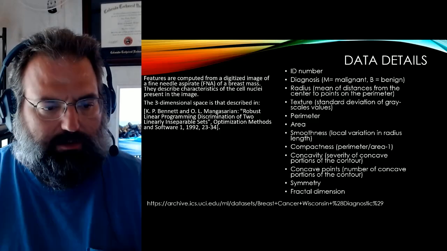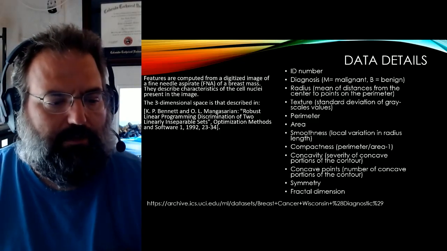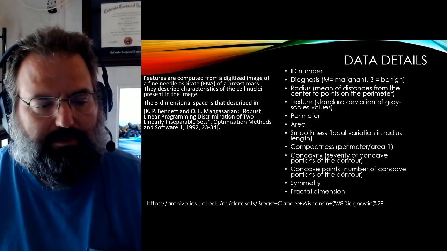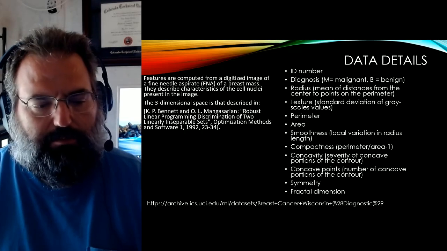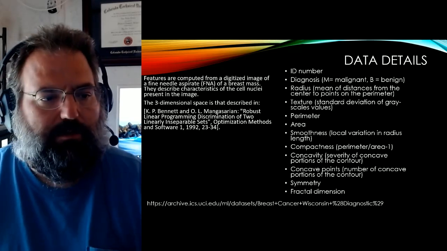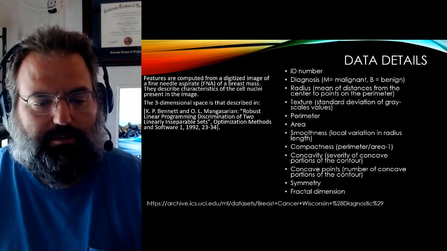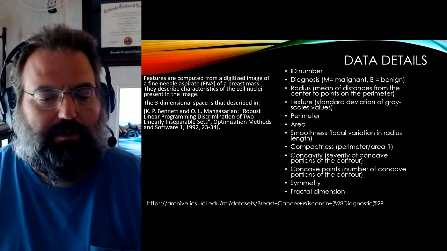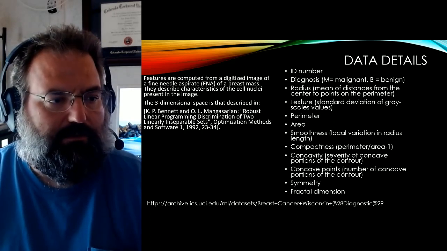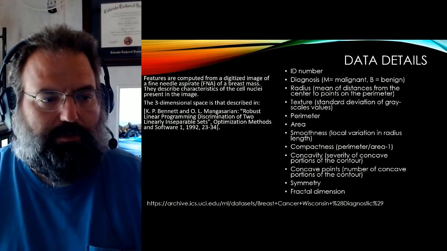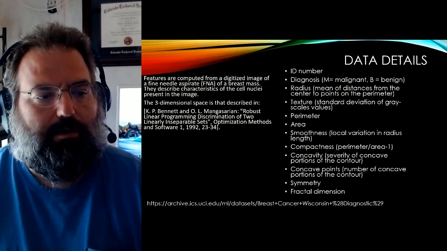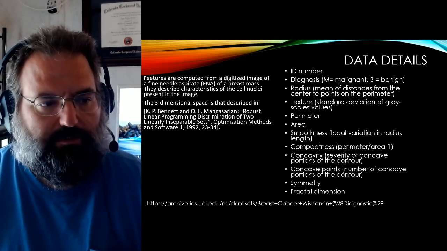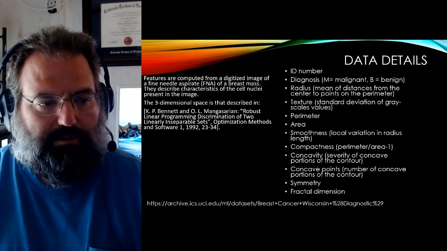So, more detail on that data. You can go take a look at the archive, ics.uci.edu, and so on. This is a well-known data set as well. It's the Breast Cancer Wisconsin data set, and it's computed from some images. So you had some digitized images that they did some analysis on.